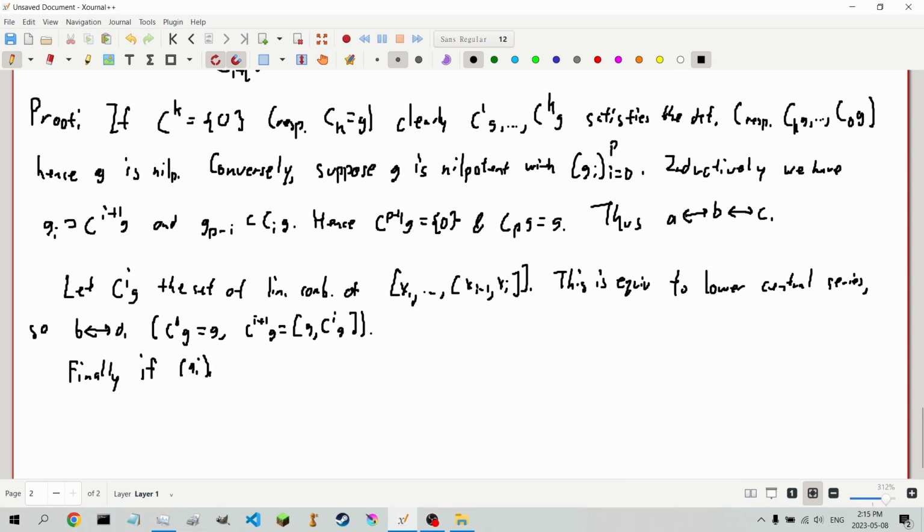So we have G_i, i from 0 to p, with the properties desired.